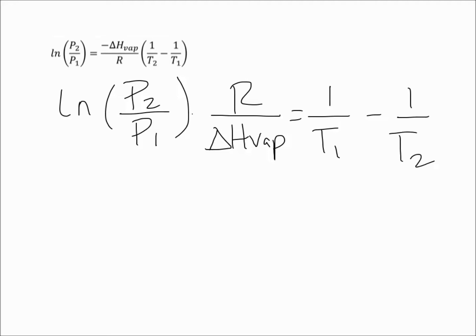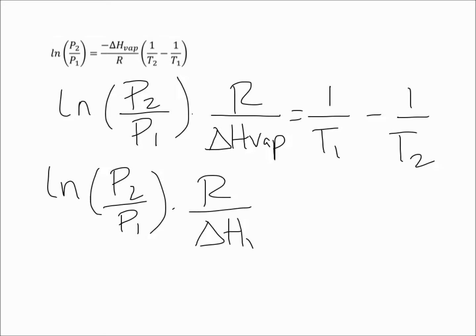So after that, you can pass the 1 over T1 to the other side of the equation. You would have ln P2 over P1 times R over delta H, minus 1 over T1, is equal to negative 1 over T2.